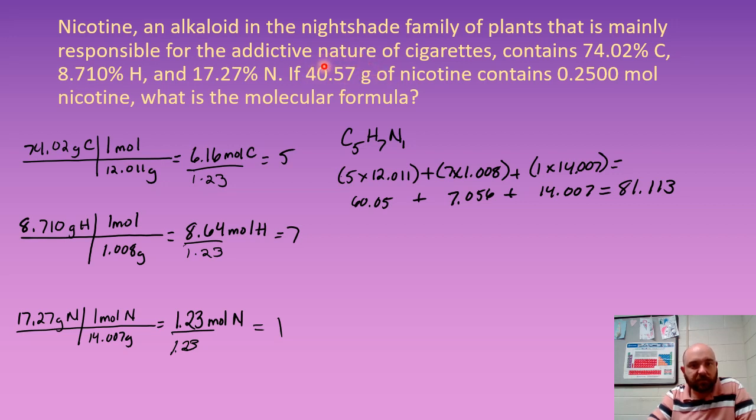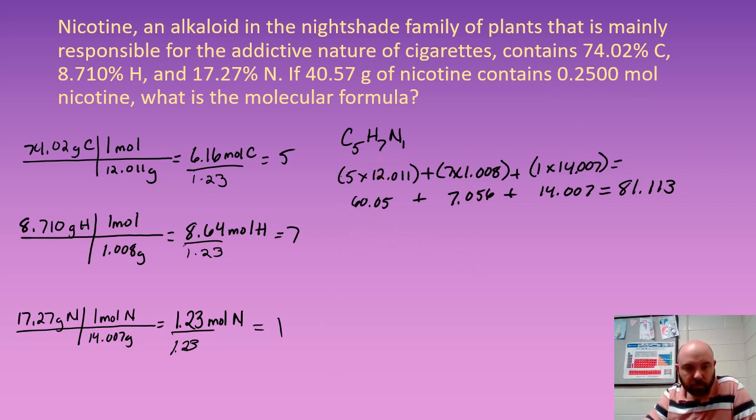We know that we have 40.57 grams. We know that we have 0.25 moles. And so we know molecular weight is grams per mole. So if we divide 40.57 by 0.25, we'll have the molecular weight.